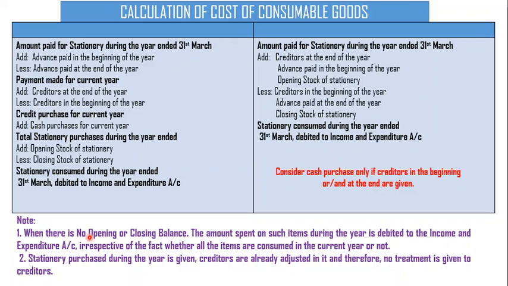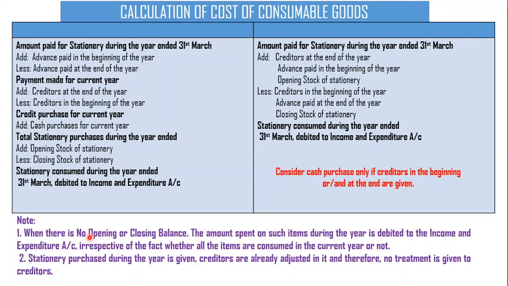So what we are going to assume is that the amount which is paid, because it's written on the payment side, is of course paid during the year. Stationery amount paid during the year is actually equal to the consumption during the year, since opening and closing are not given, so we are not going to calculate any such amount. We'll assume this is the amount paid for stationery, which is purchased as well as spent, so consumed.